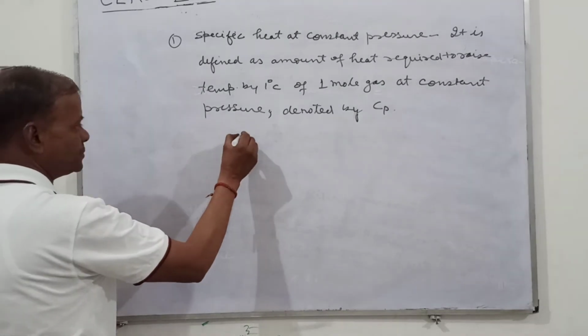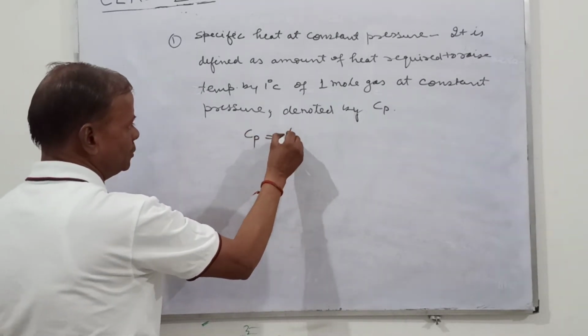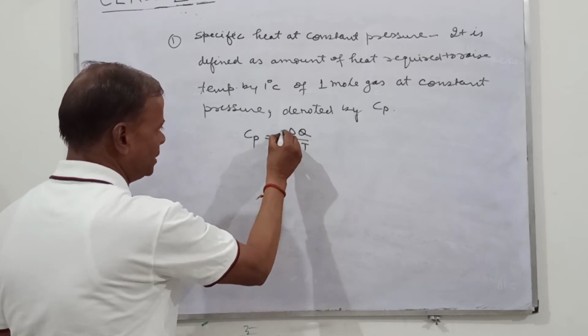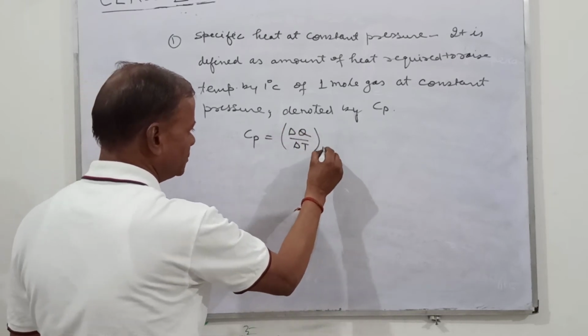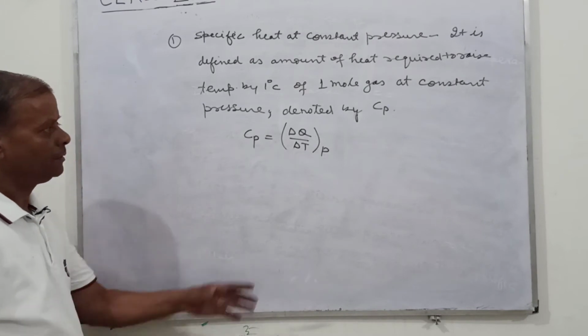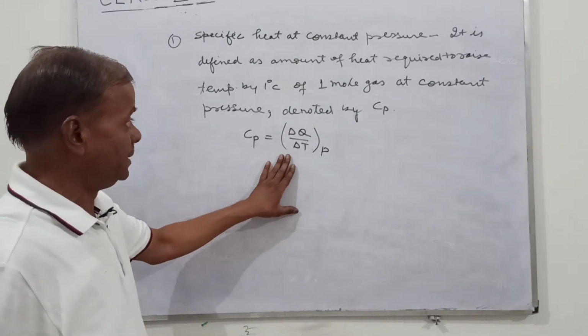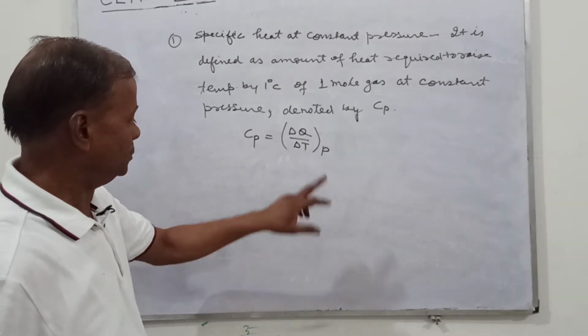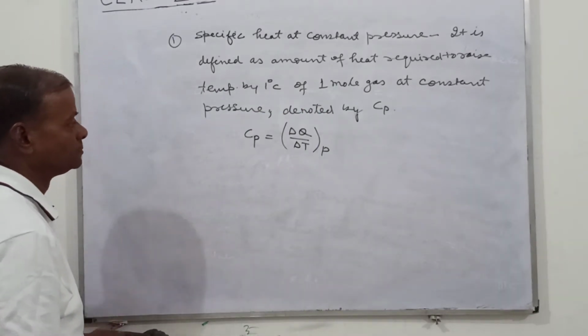So we have Cp is equal to delta Q upon delta T at constant pressure, where here we have taken 1 mole gas.